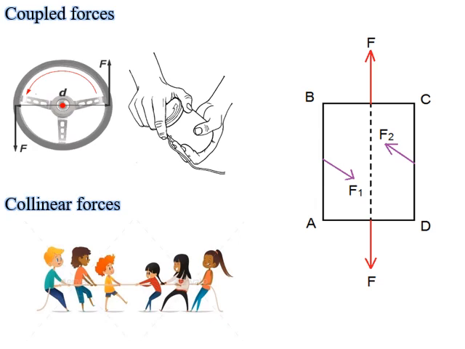One force is acting upwards on side BC, another force is acting downwards on side AD. So along the dotted line, the forces you can see represented in red arrow marks are called collinear forces and they will cancel out.